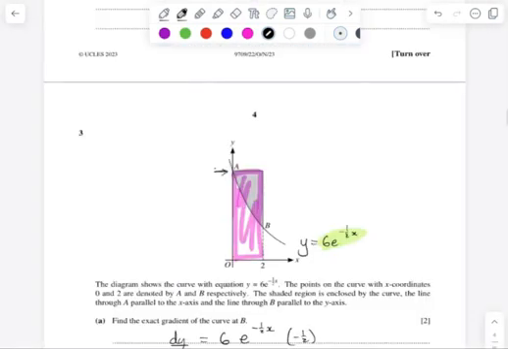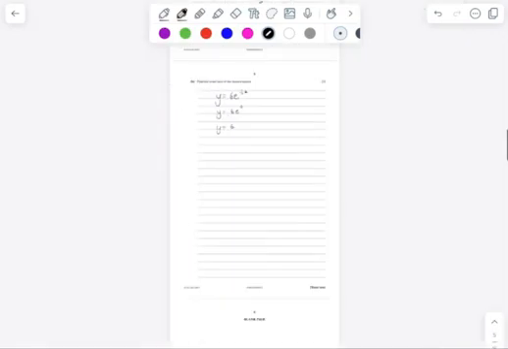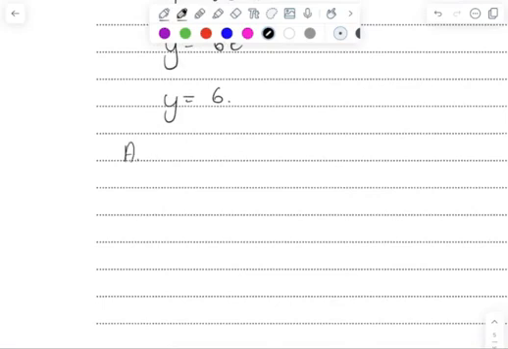So the length of my rectangle here is 6 and my width is 2. So my rectangle is 6 times 2, which is 12 units. Then I'm going to subtract the area under the curve.